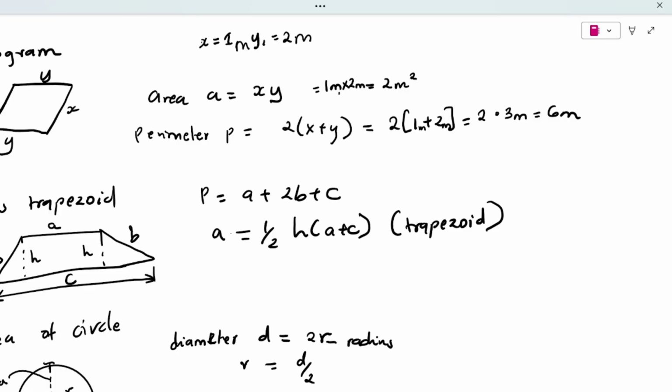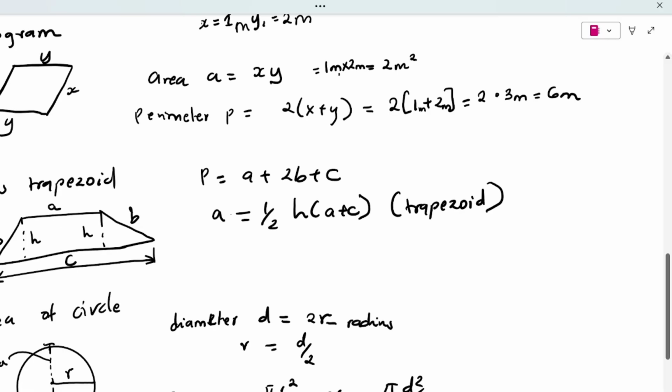The perimeter does not have a square, only area. And volume is meters cubed or liters, or centimeters, depending. Please check the worksheet and you'll know the SI units and the measurements.